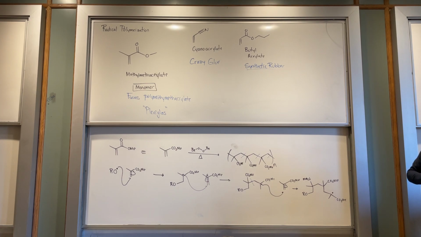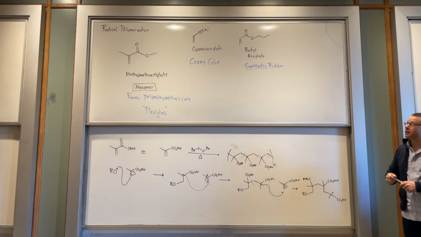There was a chemist at Kodak in Rochester who was trying to find a polymer that would be a good material for gun sights, basically magnifiers and scopes.